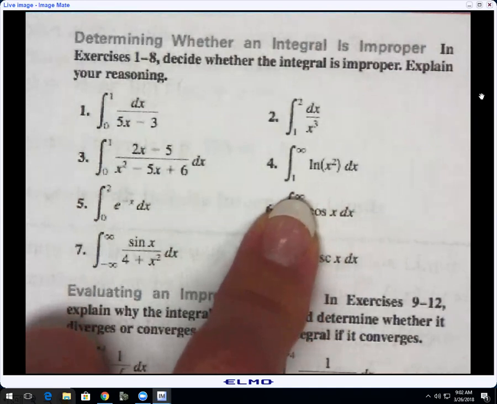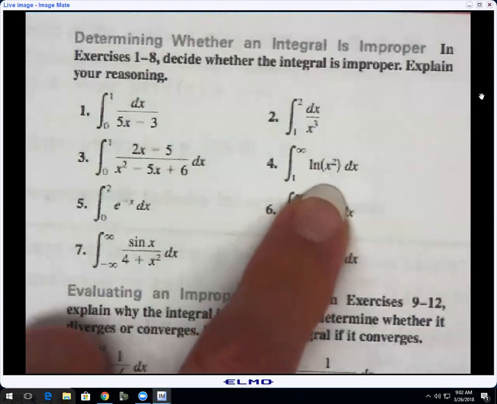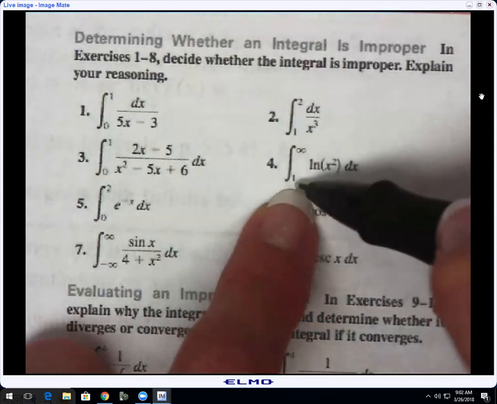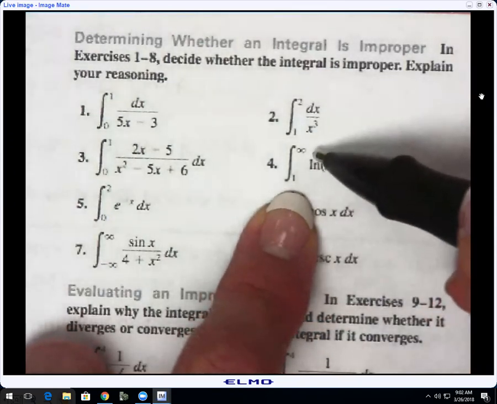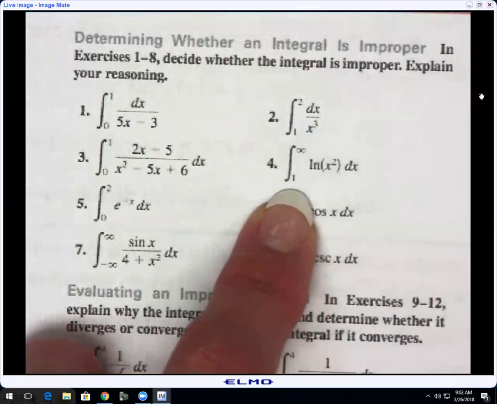I see something that makes it improper. Not only did a vertical asymptote in the interval from A to B make it improper, but what else made it improper? One or both of the limits being infinity. That has a vertical asymptote at 0, which is not on the interval from 1 to infinity, but the fact that one of the limits is infinity makes that an improper integral.